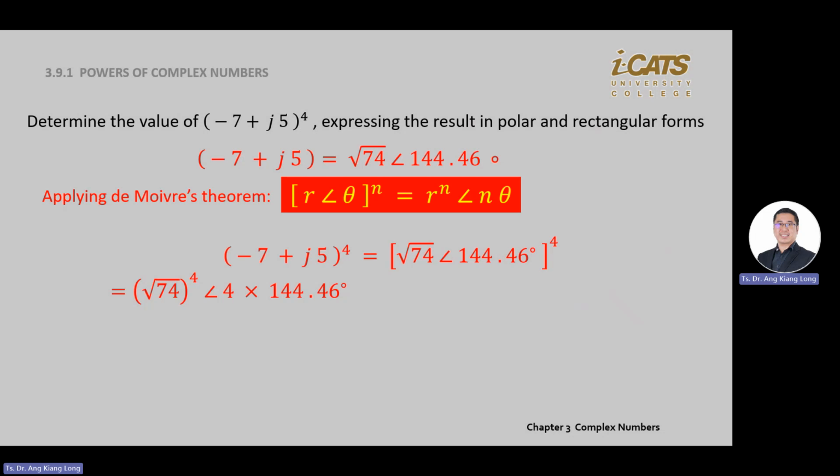You should write the same format as the De Moivre theorem. Before you get to square root of 74, there's a step before this, which is you need to write the square root of (-7) squared plus 5 squared, and the angle of tan inverse of 5 divided by -7. So the second step here is wrong.